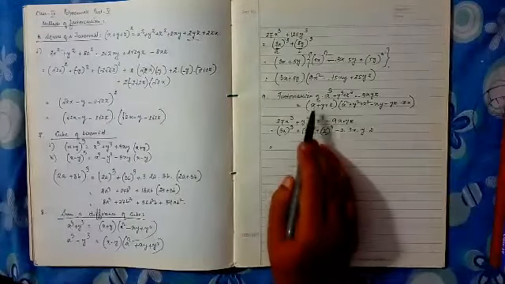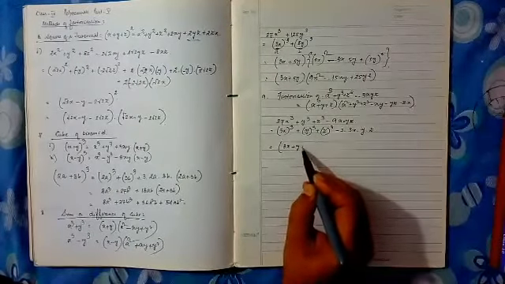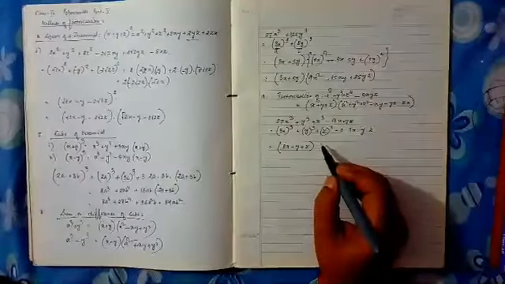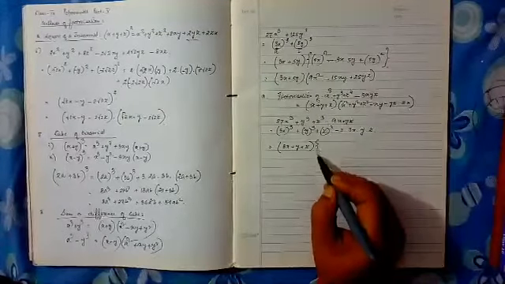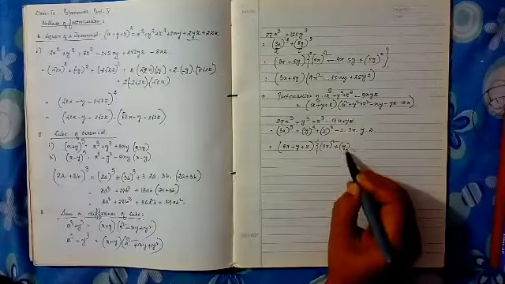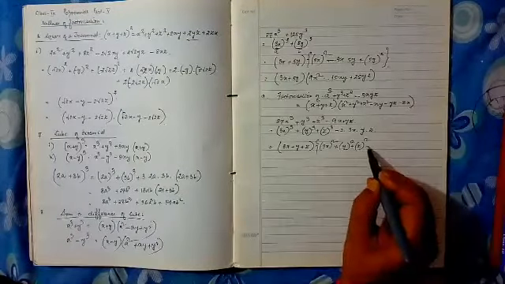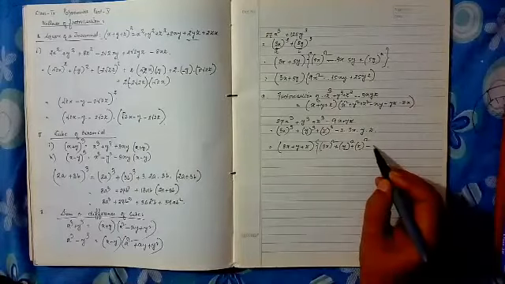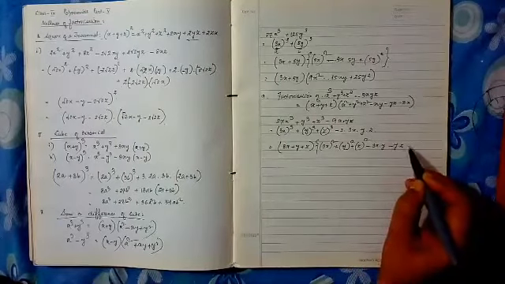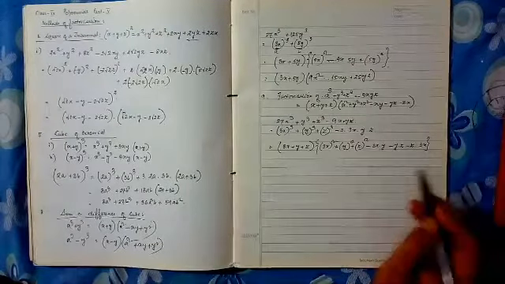So this is equal to 3x plus y plus z, then 3x whole square plus y square plus z square, minus 3x into y, minus y into z, minus z into 3x, second bracket closed.